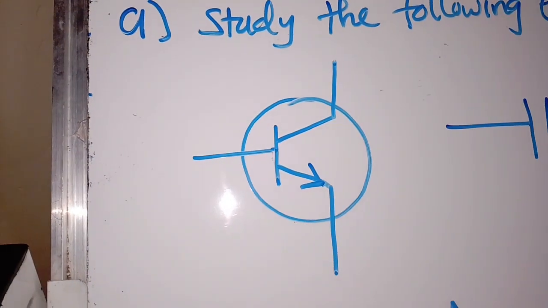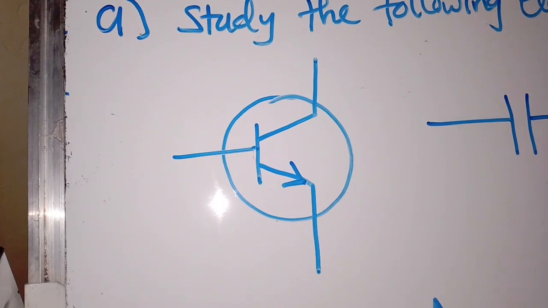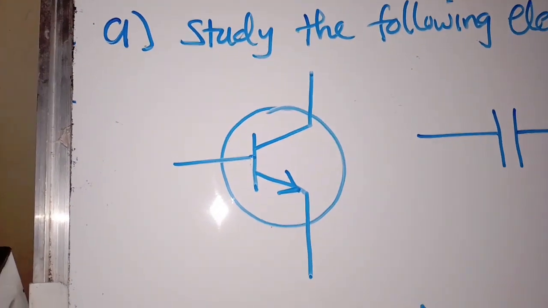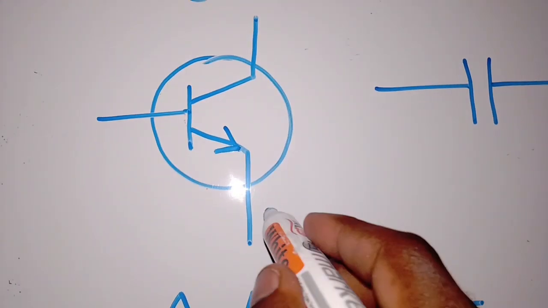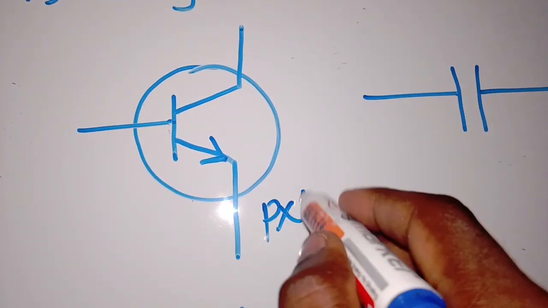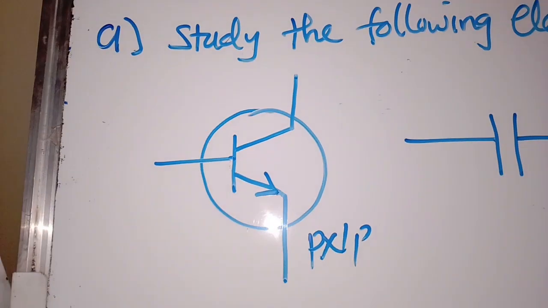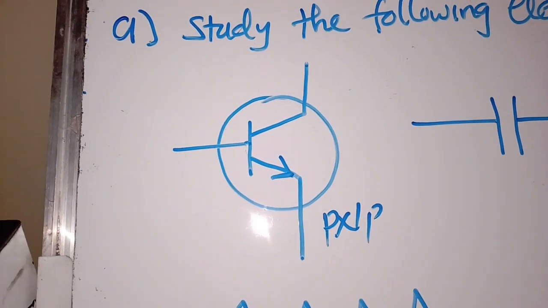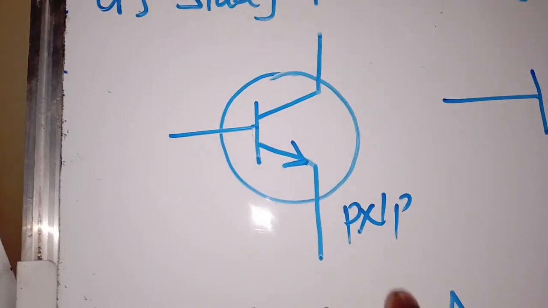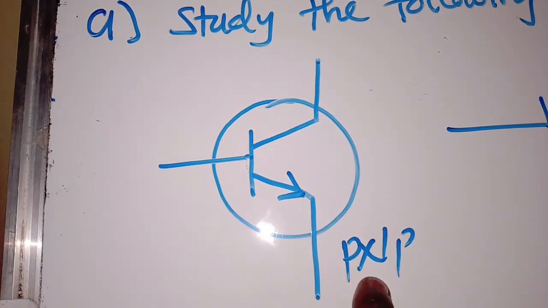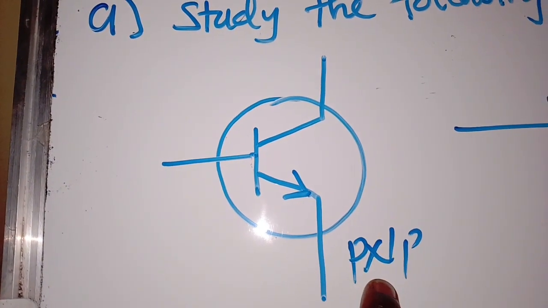This is PNP type. So PNP, positive, negative, positive. So PNP type of transistor. Why PNP? Positive, negative, positive.